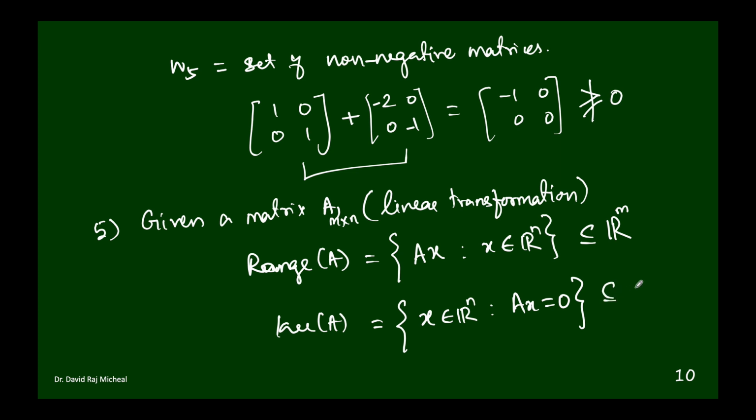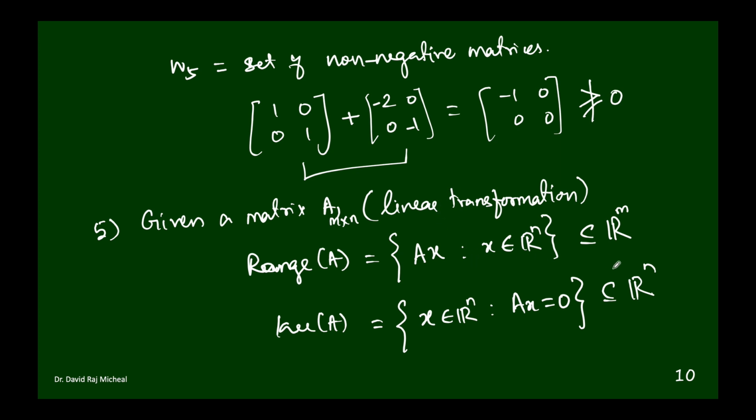Correct? So this is a subset of Rn. These two are very special subsets related to a matrix A. Once we go to linear transformations, I'll explain more about the range and kernel of A. As of now, we just have to remember that these are very special subsets.